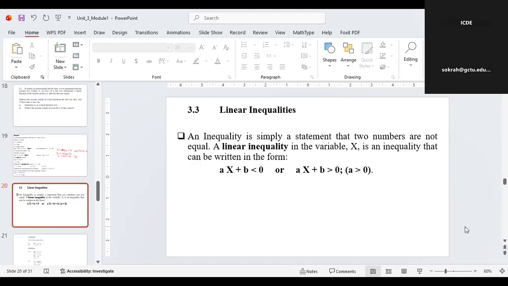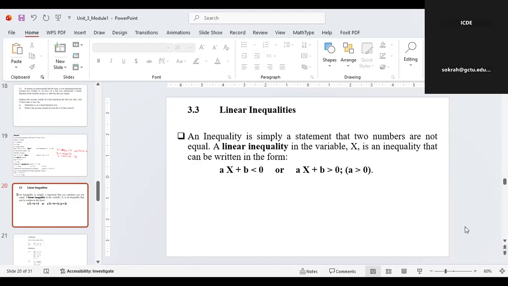When you come to linear inequalities, the name suggests that they are not equal, so you can't use the equal sign here. Apart from that, the steps, the approach, everything is the same. Once you have understood equalities, there is no difficulty in understanding linear inequalities.